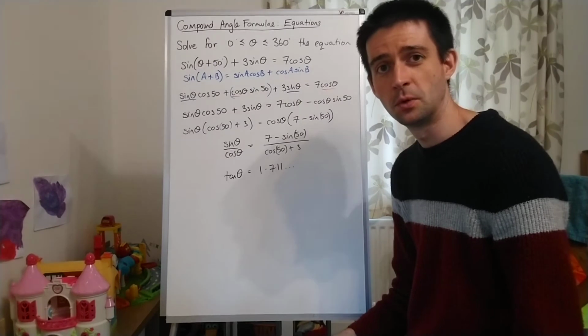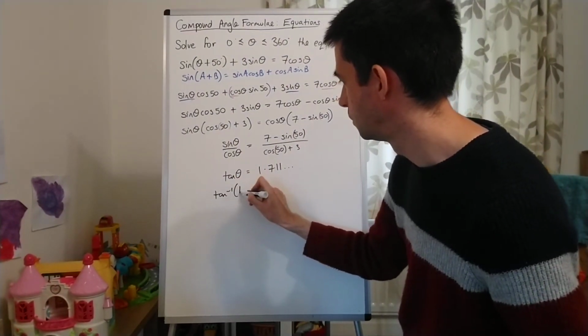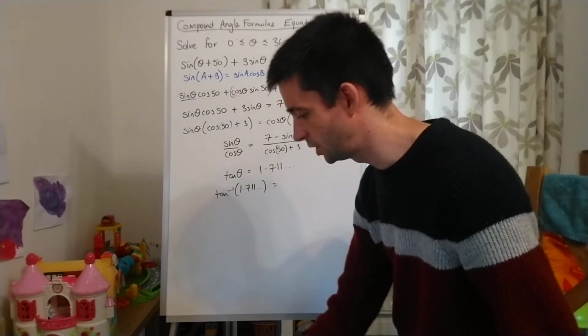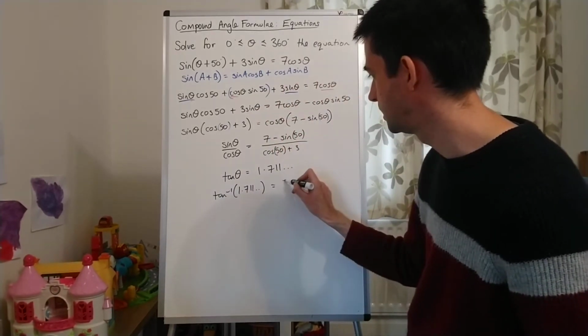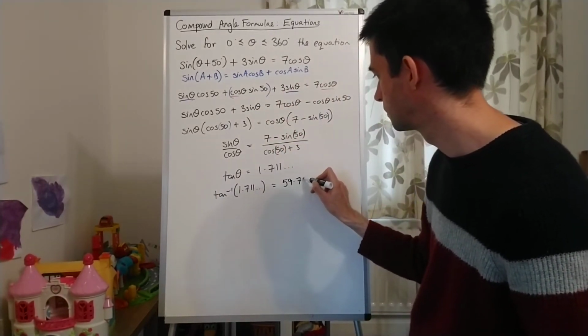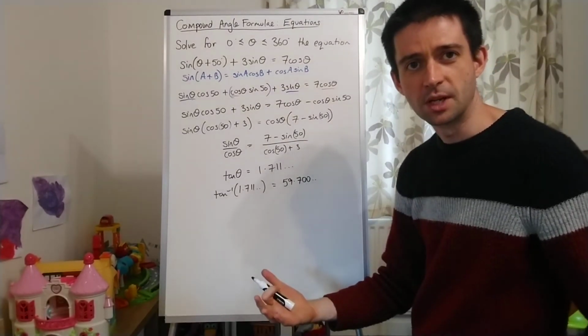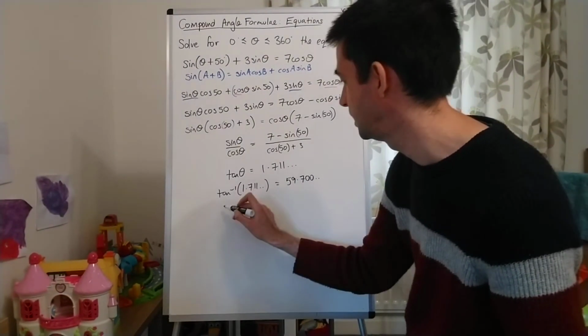The rest is straightforward. My tan inverse of 1.711 to get my principal solution of 59.700. We've done enough CAST diagrams now to recall that the second solution for tan is adding on 180.